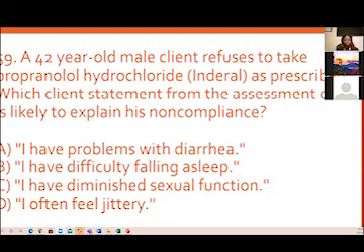All right, say for example, you don't know what Inderal is. Whenever you see this, LOL, laugh out loud, the technique I used in nursing school is I say, you better laugh out loud.